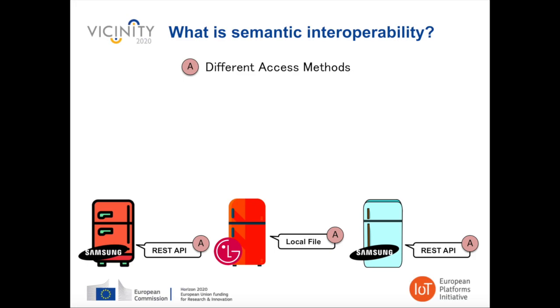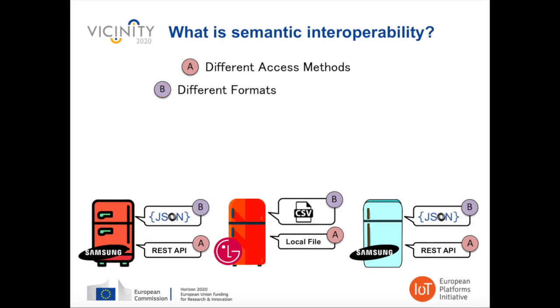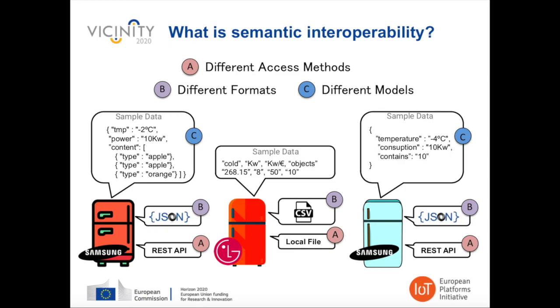Then, another problem is that the different fridges may expose the data using different formats. For instance, JSON, CSV, or again JSON. And also, we have the problem that even if they use the same format, they could have different models. In this case, the different JSON follow different payloads.